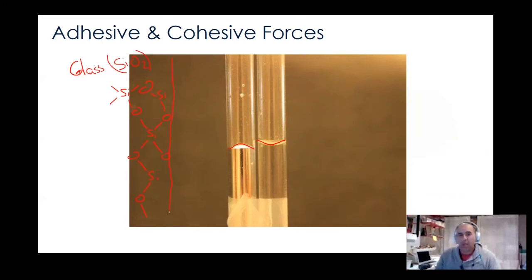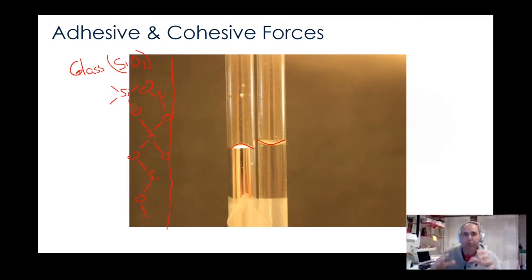Now, when mercury atoms come into contact with the glass, well, mercury atoms are nonpolar. So the only type of interaction they can form with the glass is dispersion interactions. We're not making new types of bonds, we're just making new intermolecular forces. So they can either form weak dispersion interactions or strong metallic bonds with each other.